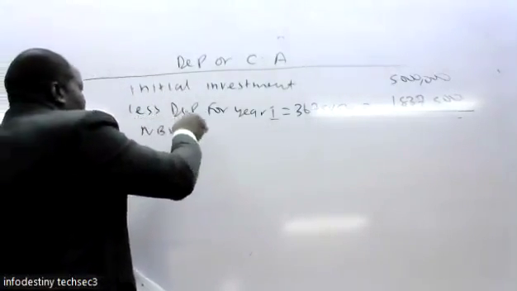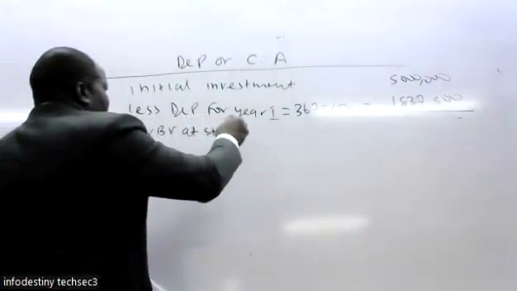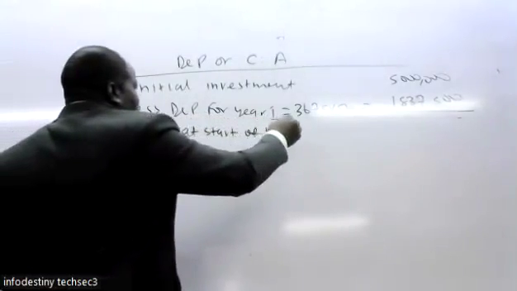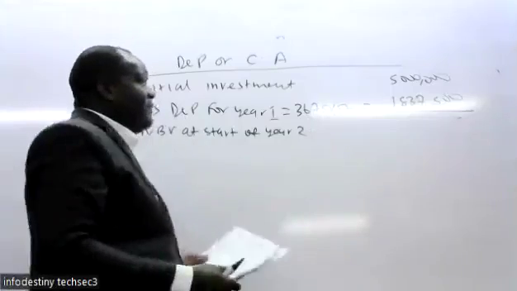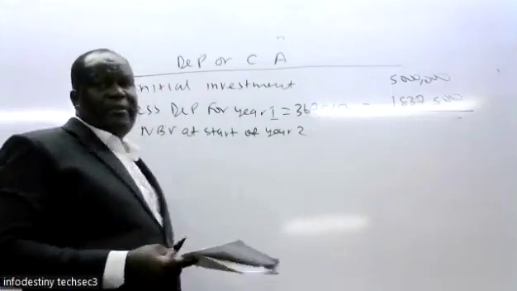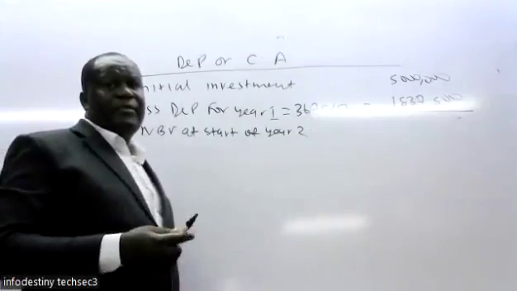What will be the net book value at the start of year 2?